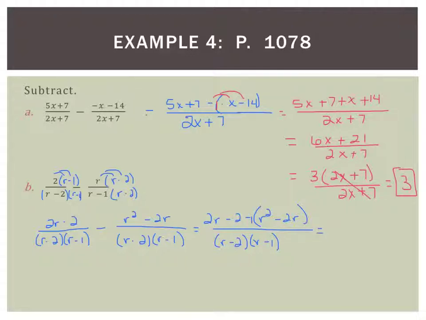Alright, so I'm going to distribute that negative 1. So this is going to be 2r minus 2 minus r squared plus 2r over r minus 2 times r minus 1.